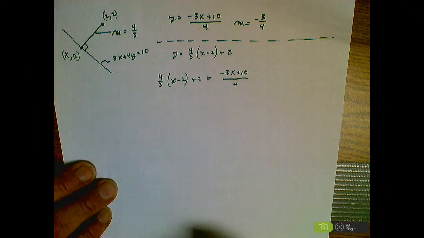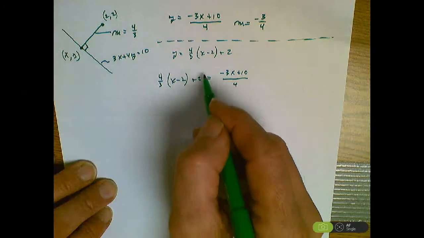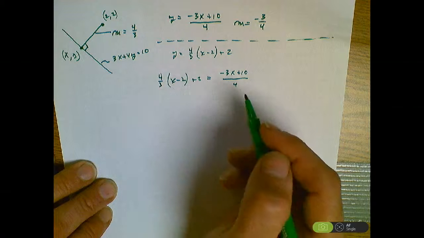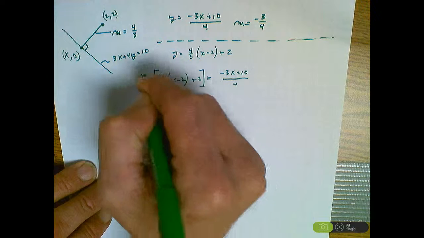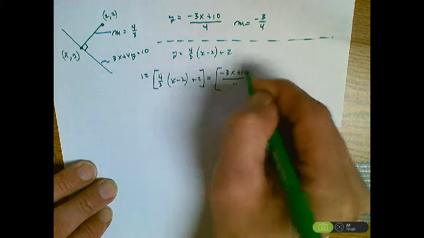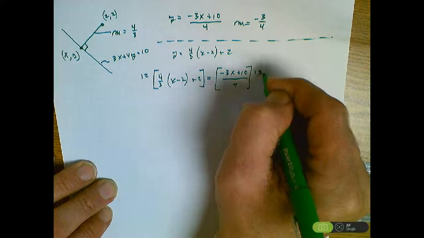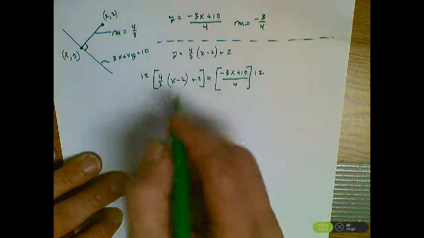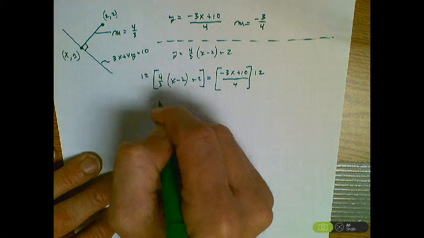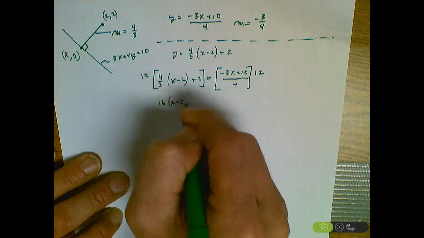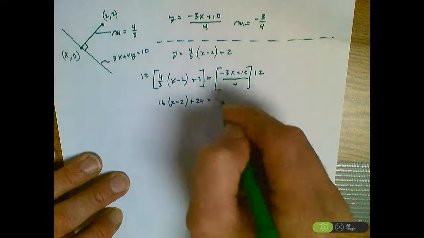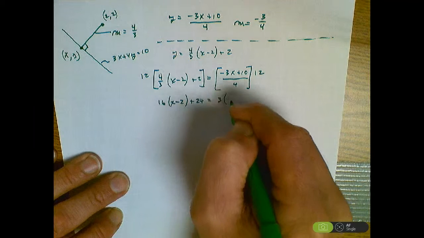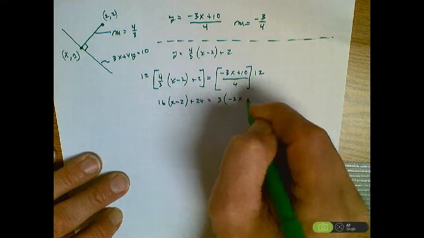I'm going to multiply both sides by 12. If I multiply both sides by 12, I can clear these denominators. Distributing the 12, I now get 16 times x minus 2, plus 24, equals 3 times negative 3x plus 10.